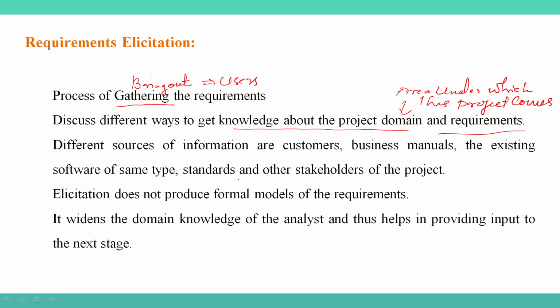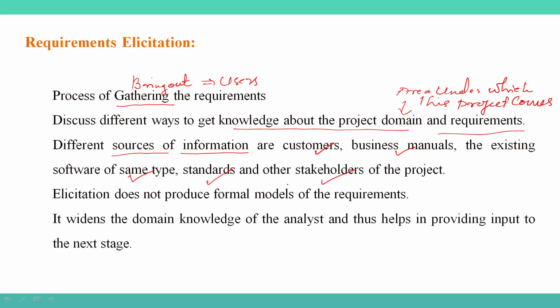Then we have different sources of information, because we have to gather requirements from different points. From customers we have to collect, we have to get it from business manuals, and from any existing software, different standards, different stakeholders.